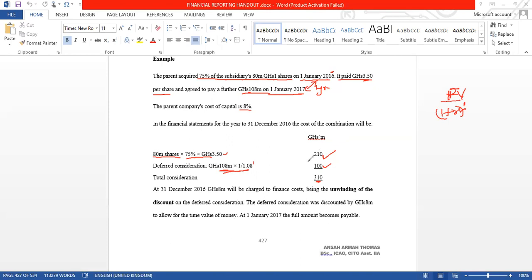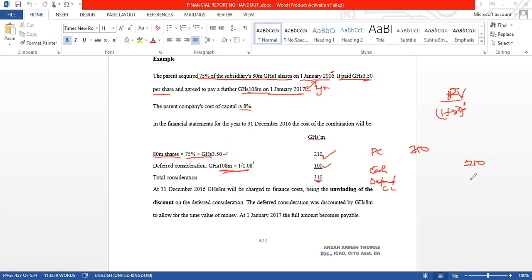All right, so if you want to pass this journal, the purchase consideration is 310. Cash is being paid, so we need to credit our cash with 210. This one will go to where? Deferred liability, contingent liability, which is current, because this is just 1 year. Had it been 2 years or something, then it would go to NCL.